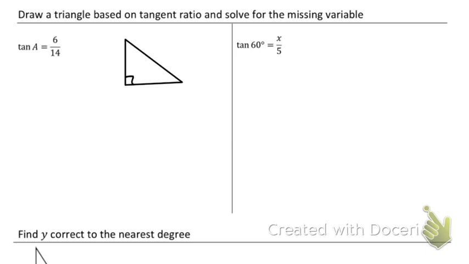They also say tangent of angle A equals 6 over 14. So there must be an angle A. Here's the thing. You're never taking a tangent of 90 degrees. So that means angle A has to either be here or here. It doesn't matter which one you call it. I'm going to do the bottom right one.